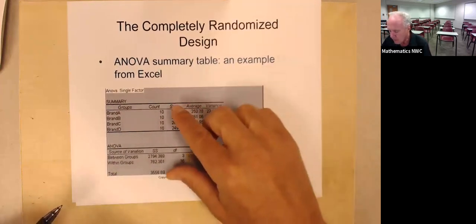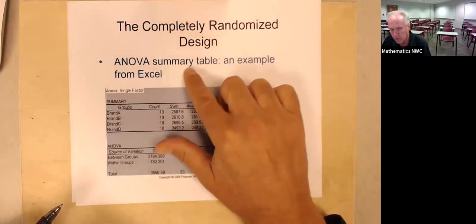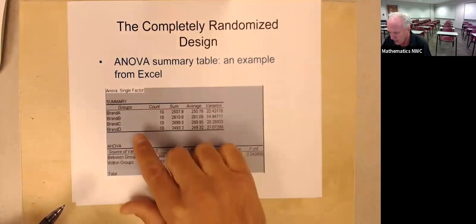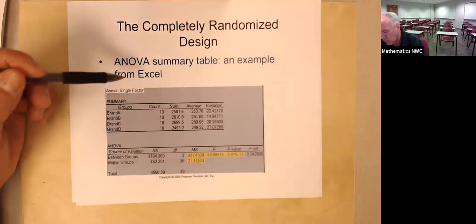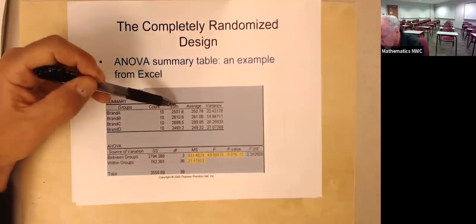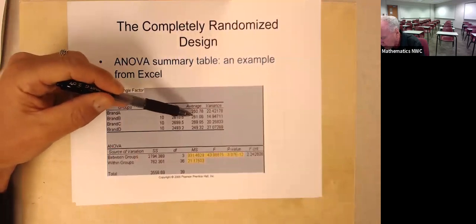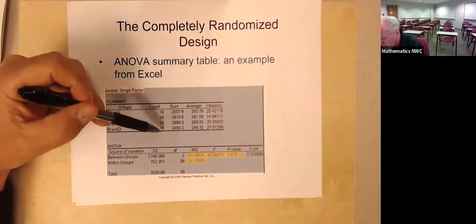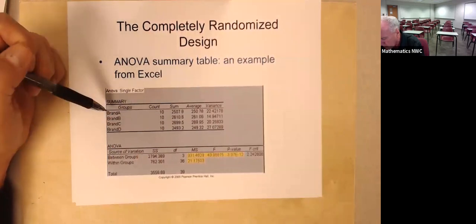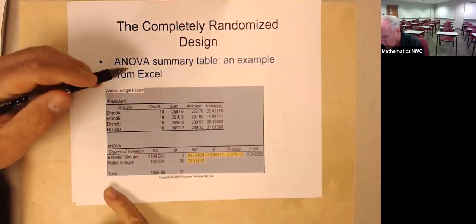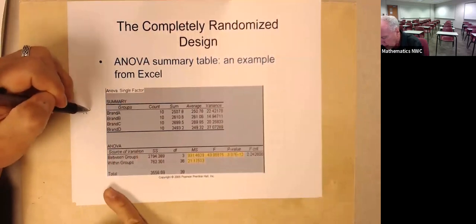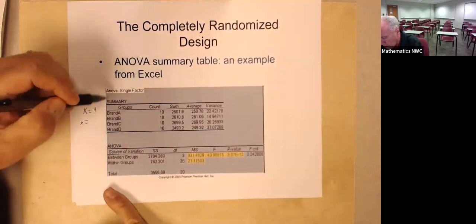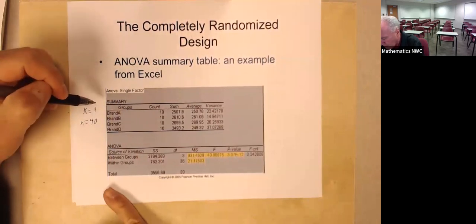You would be given a summary table. The summary table is right down here. This particular table also reprinted brand A with its average, brand B with its average, C with its average, and D. Told you again there were 40 total golf balls hit. There are 4 groups. So looking at this, K is equal to 4. N is going to be these added up, which is 40.